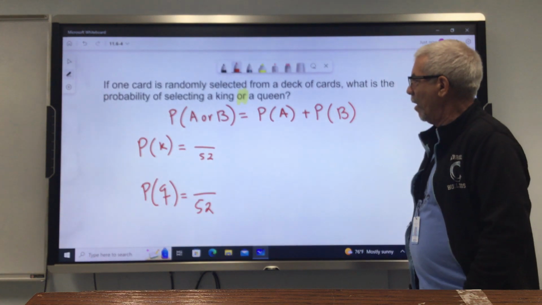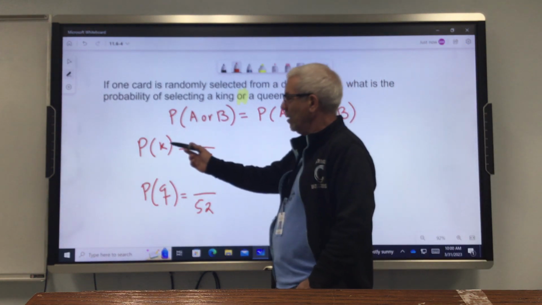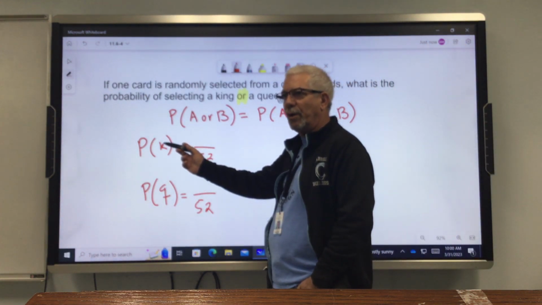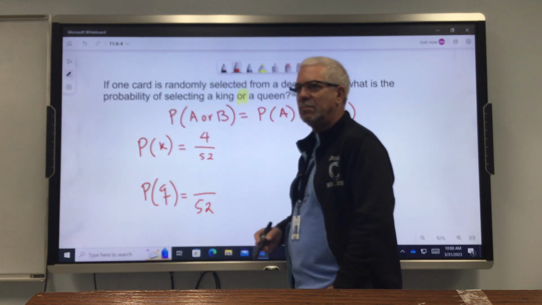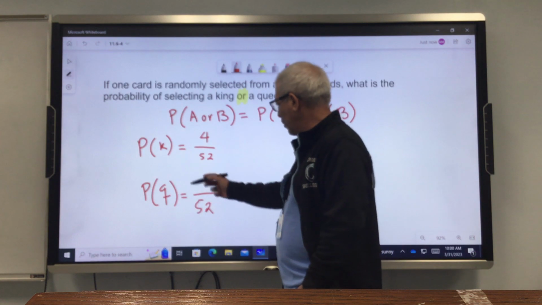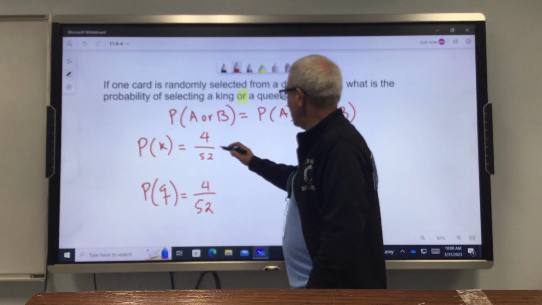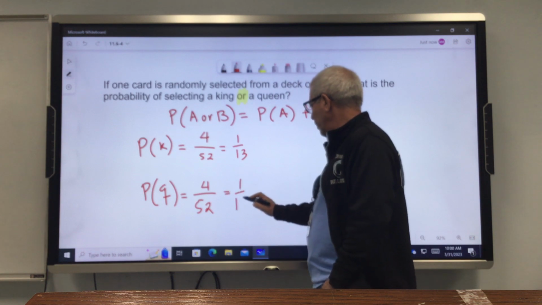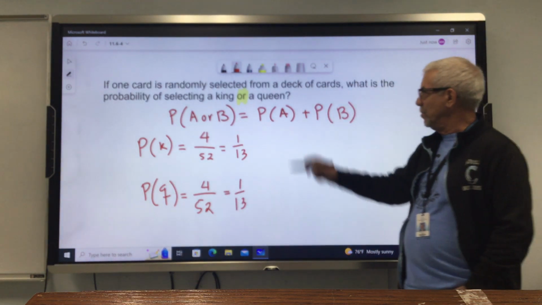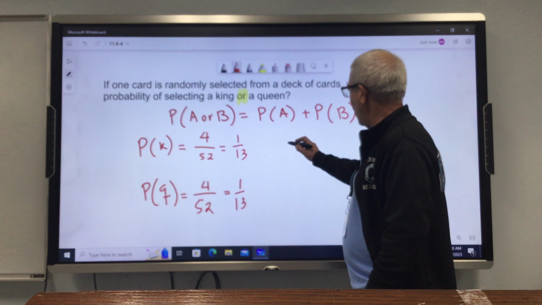Now, how many kings do we have in the 52 cards? We have 4. How many queens? 4. Then we can simplify. That would be 1 over 13, and that would be 1 over 13. Then, using the formula, we need to add them.